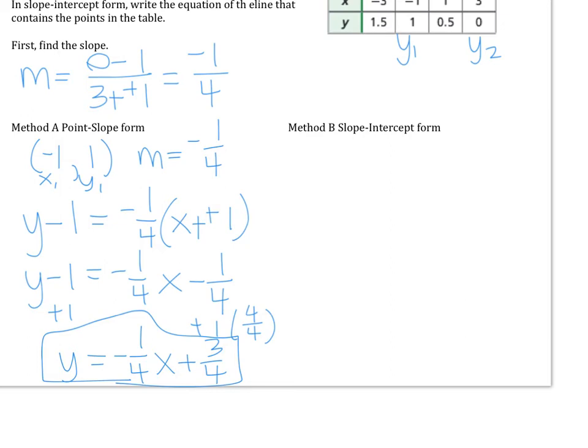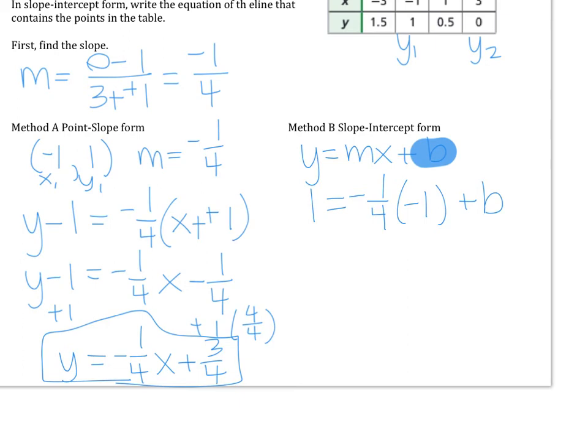Or you could use the slope-intercept form. Using the slope-intercept form, you have to find b. We're going to find b, still using that same point that I used before. I put y is 1. My slope is negative 1/4. My x is negative 1.